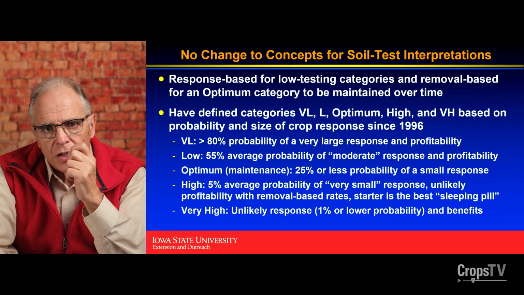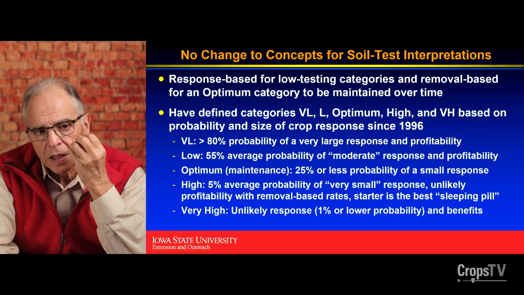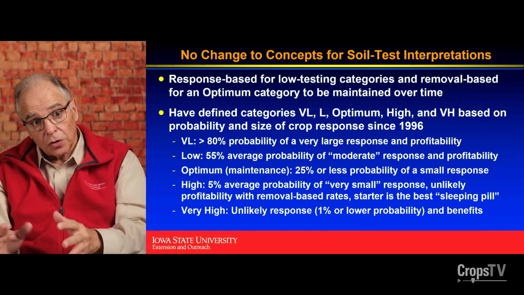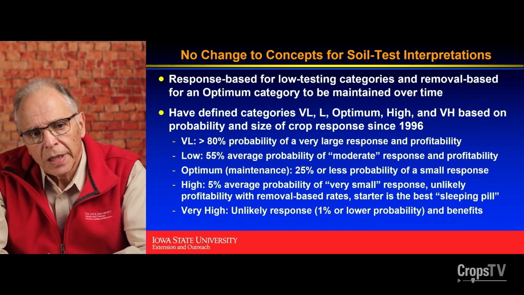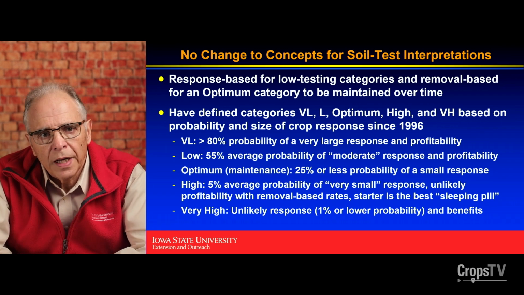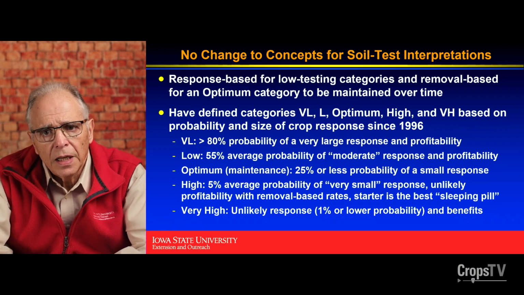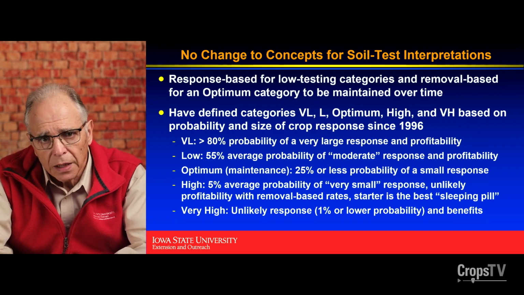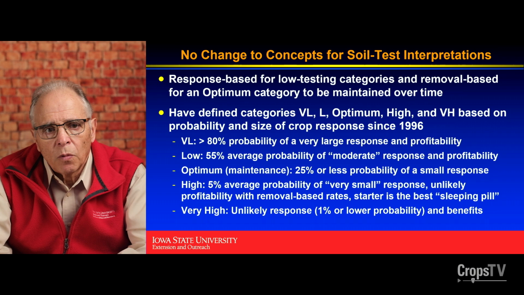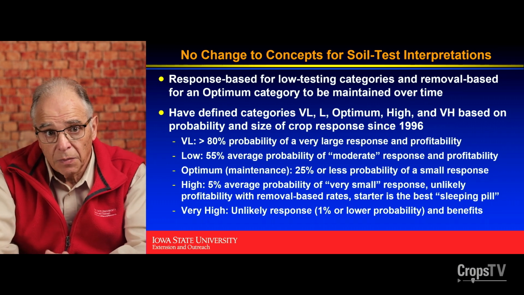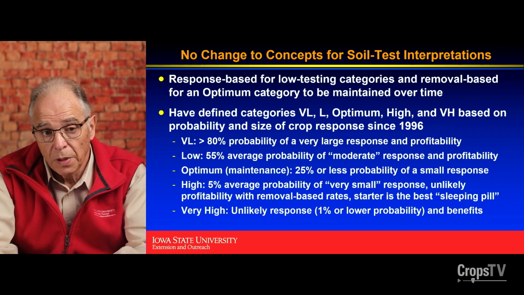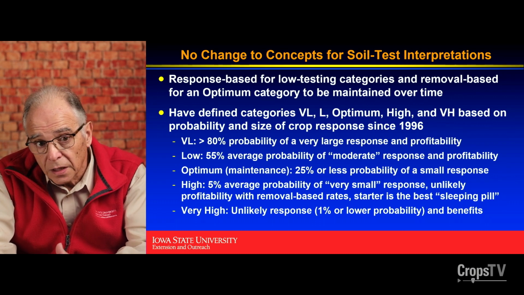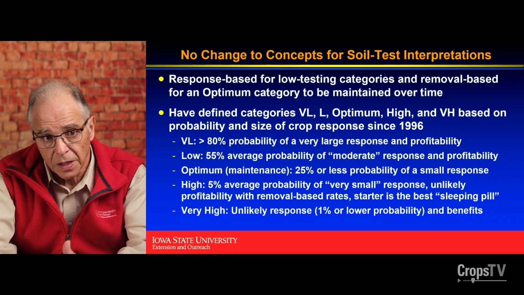We did not change the concepts, these hybrids, okay, between the concept of sufficiency level, strict sufficiency level, or build up and maintenance. We define the low testing soils based on response, okay, and we want to get essentially maximum yield there, because we believe farmers should not risk deficiency, especially in the very low range.